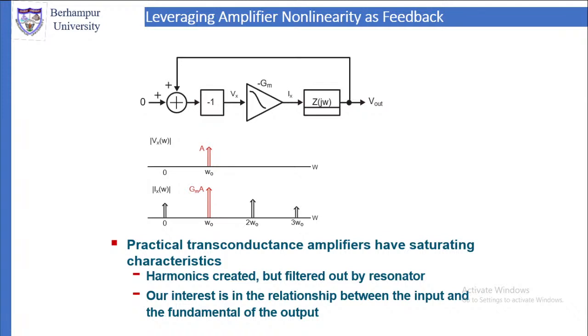Now here what you can see is that this -1 corresponds to exactly the frequency omega 0, so it is shown with amplitude A. The spectrum of Vx is shown with amplitude A at omega 0. When it goes through the GM, the spectrum will be GM into A at omega 0. At other frequencies, it will be smaller than GM into A.